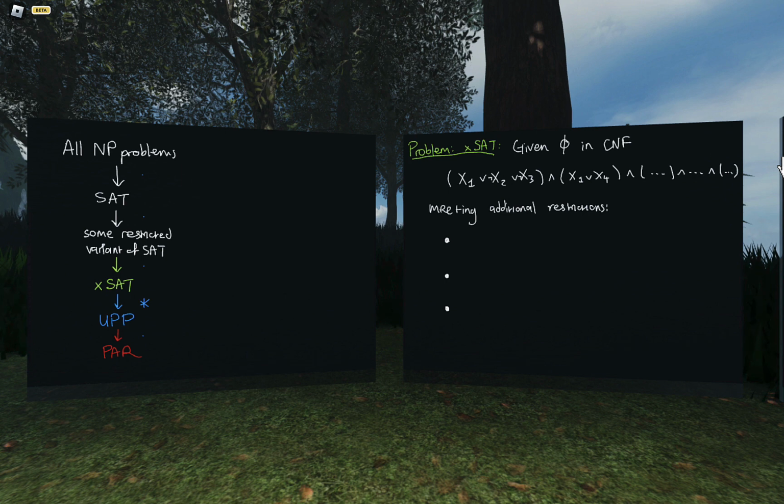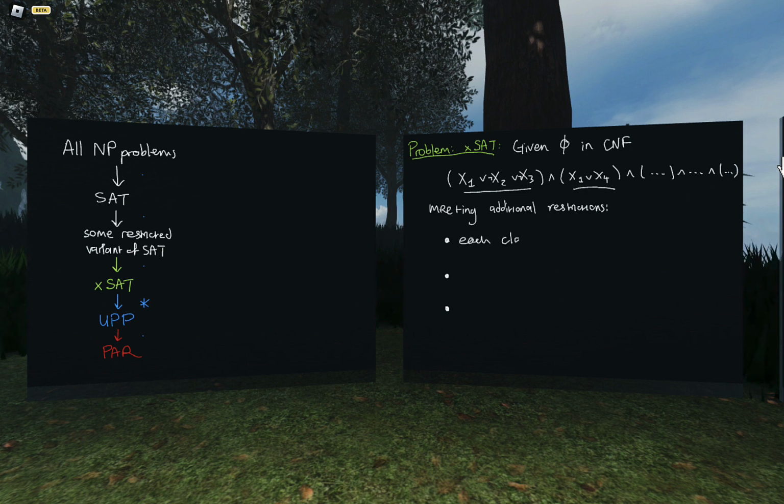First of all, there's some restrictions on the number of variables that you can have per clause. So for example, here we have a clause that has 3 variables, and here we have a clause that has 2, and they are the only allowed possibilities.